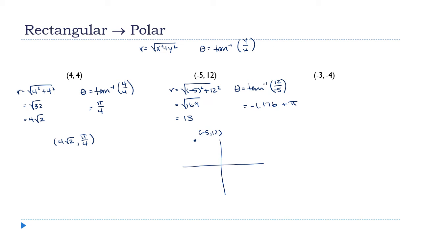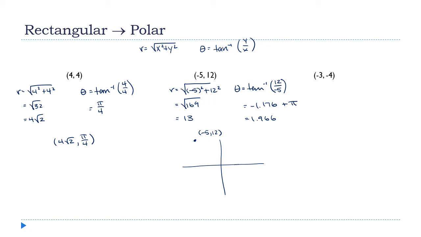Well, my calculator tells me that this is 1.966, and convert it to degrees if you have to, but that is a second quadrant angle. It's between pi over 2 and pi.